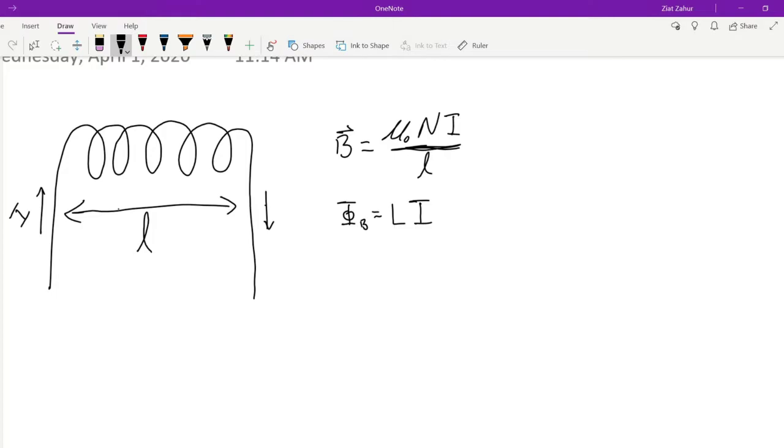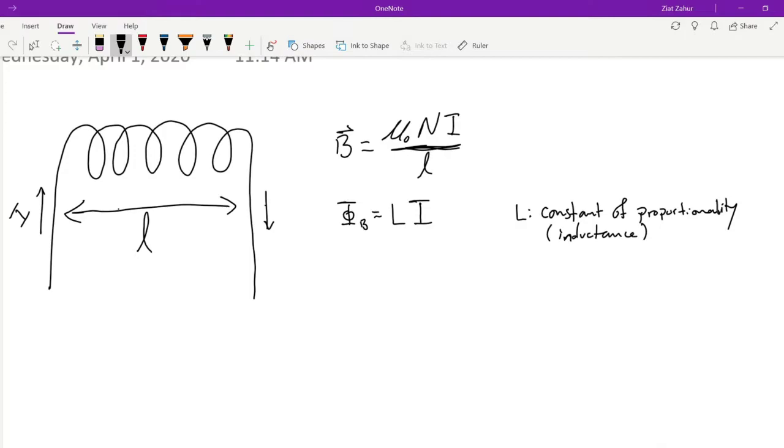This number happens to be the constant of proportionality that makes the two sides equal, and we can call this the inductance, or self-inductance, really.